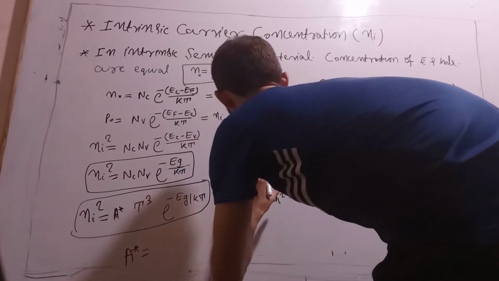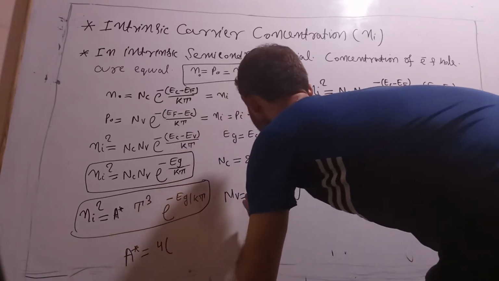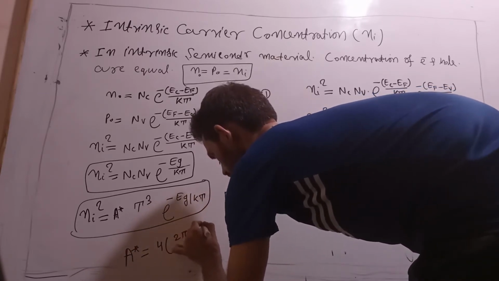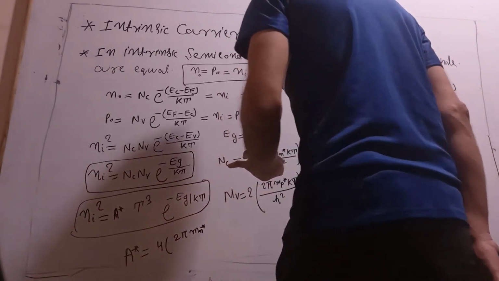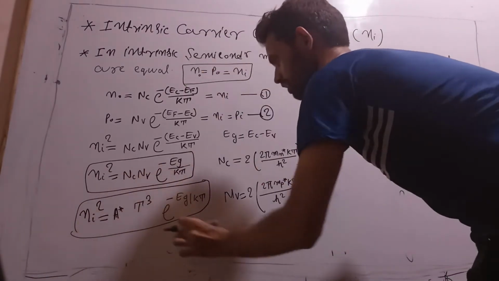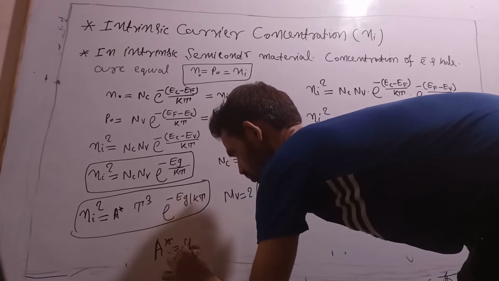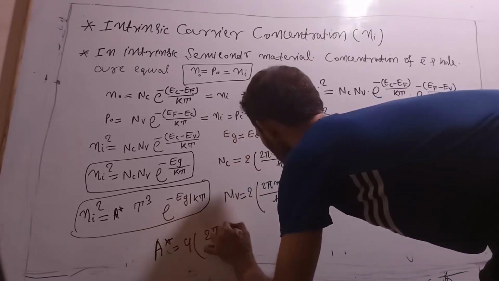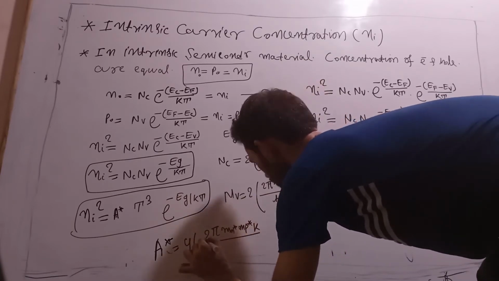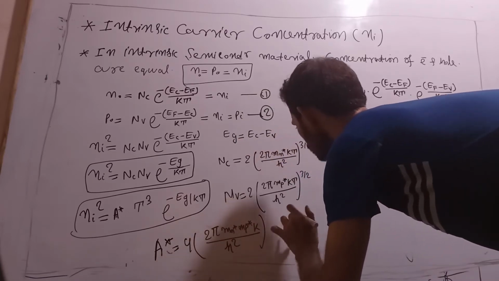And this A star value, from Nc Nv, is 4 into (2 pi k by h square) whole square, into (mn star mp star) whole cube, where 3 by 2 means cube.